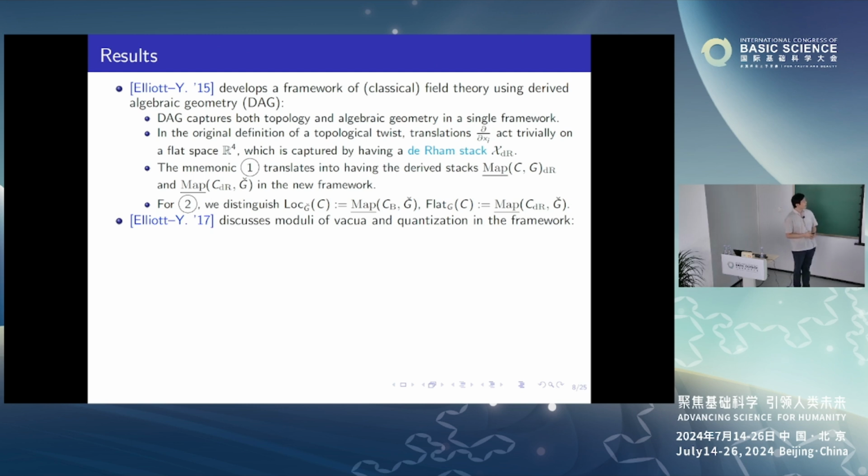Right, and I didn't quite write it here, but using this, you can actually obtain what is usually considered in geometric Langlands correspondence at the level of what are called derived stacks. And in the second paper on the topic, we discussed the notion of moduli of vacua and quantization in this framework.